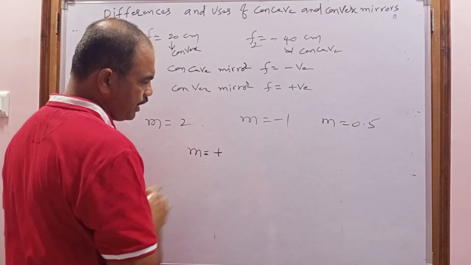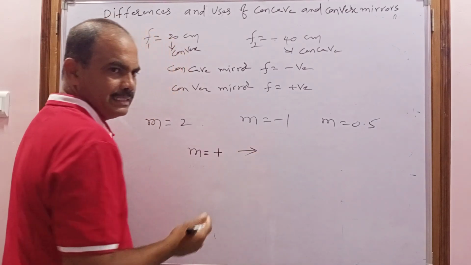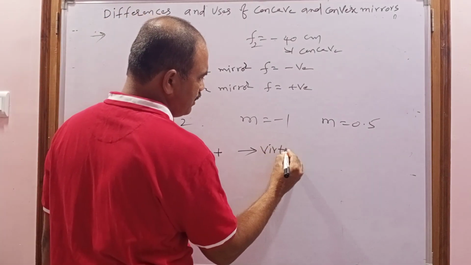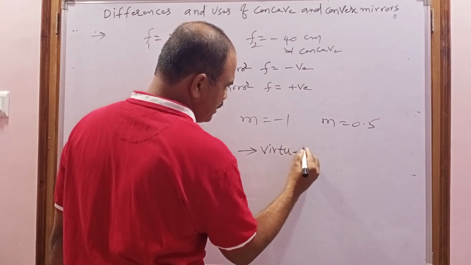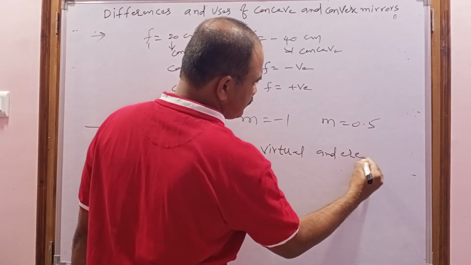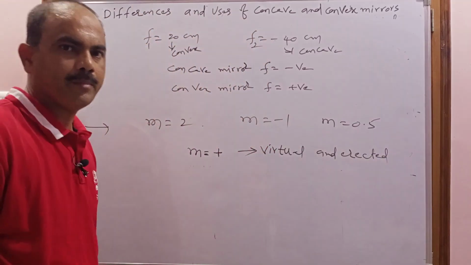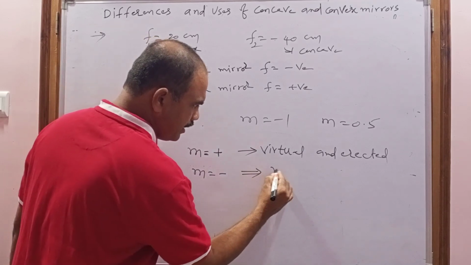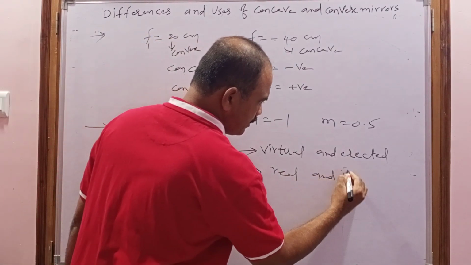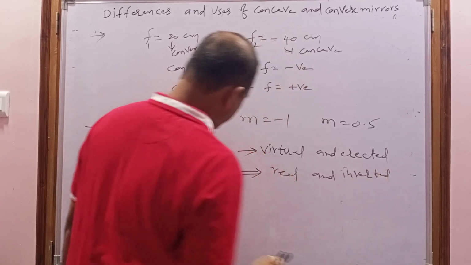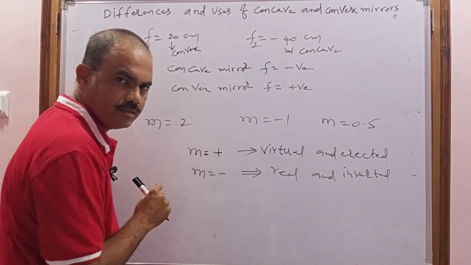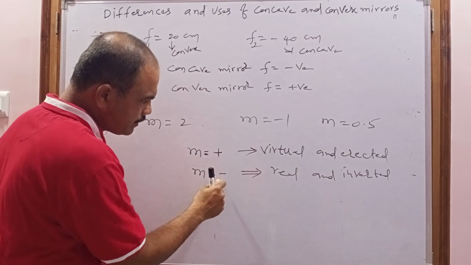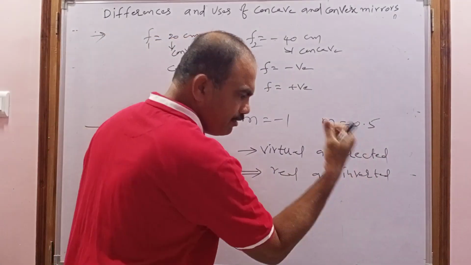So m positive means the image is virtual and erected. M negative means the image is real and inverted. Remember these two points.